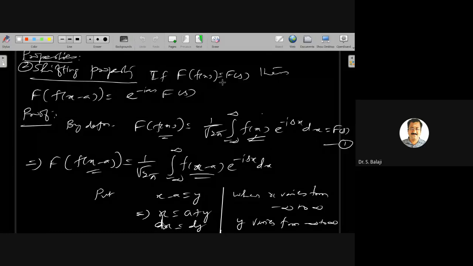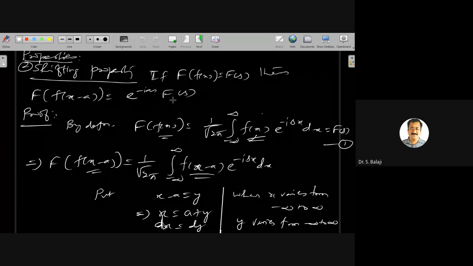If the Fourier transform of a function f of x is F of s, then the Fourier transform of f of x minus a, where you are giving a shift in the origin, x minus a, not a scale, is equal to e power minus ias into F of s.